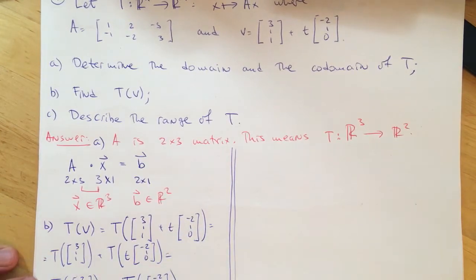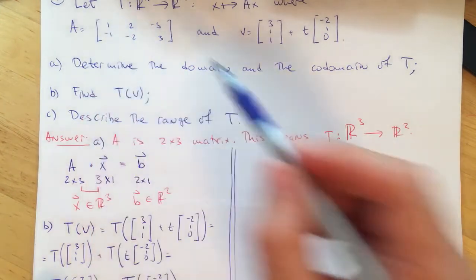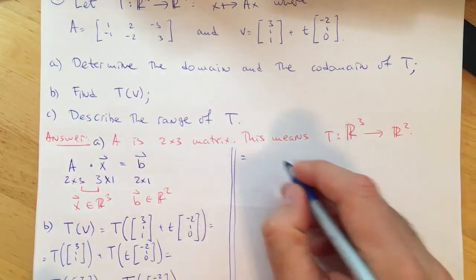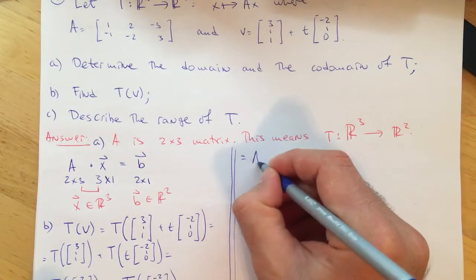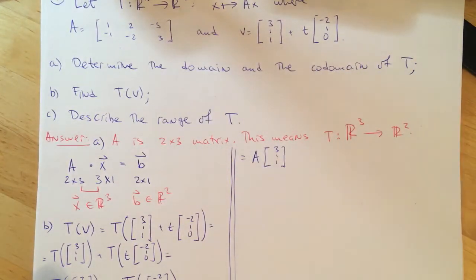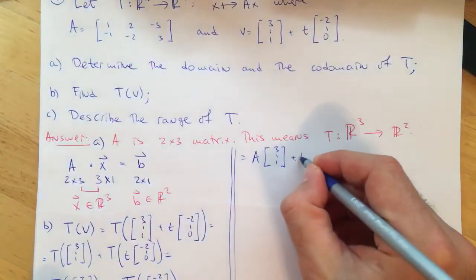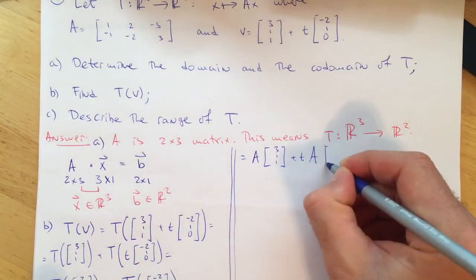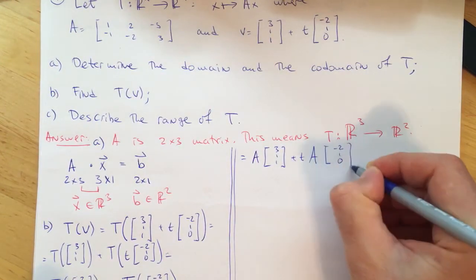But the standard matrix of the transformation is A, so this is A times (3, 1, 1) plus t times A times (-2, 1, 0).